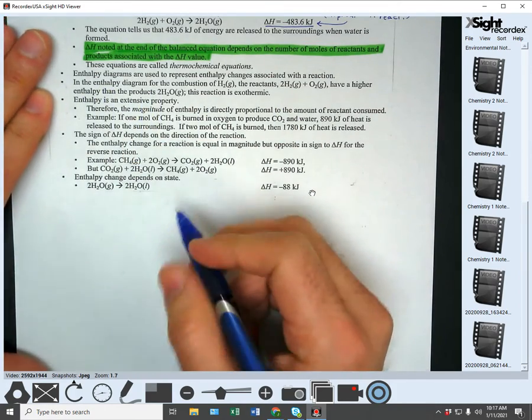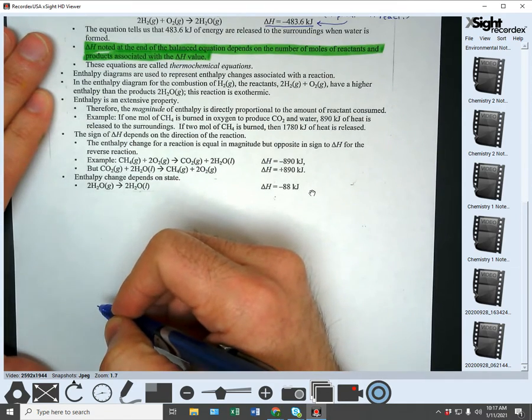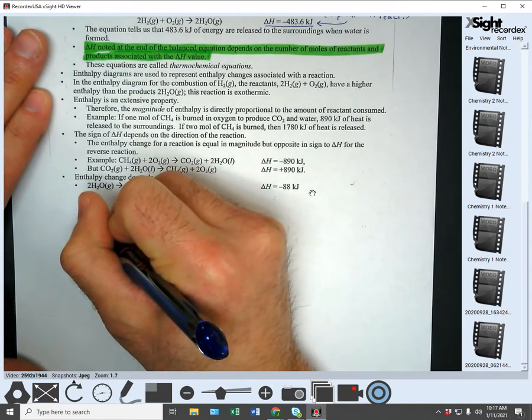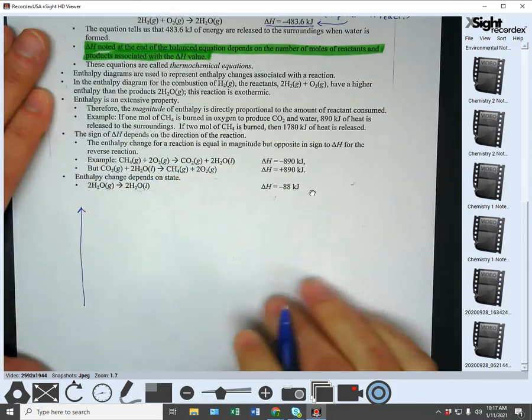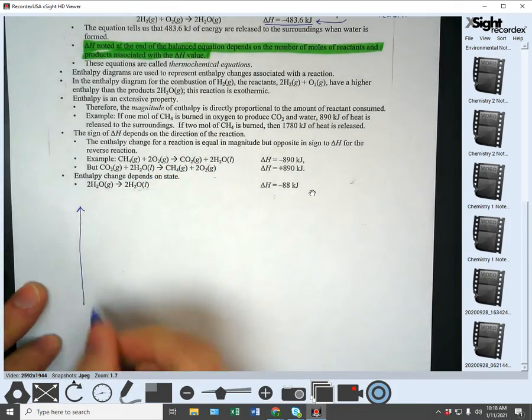So an enthalpy diagram, you're creating an X and a Y axis.